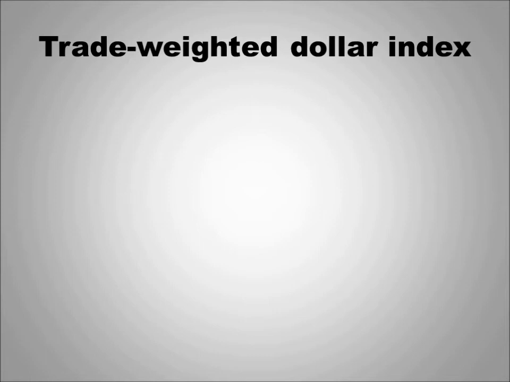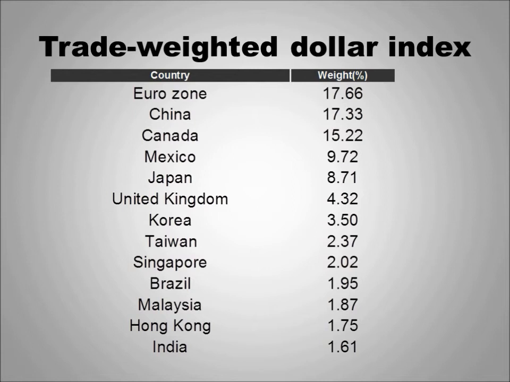Okay, so let's talk about the trade-weighted dollar index. Here we have a list of countries, and each country has been assigned a weight, which determines how much influence they have on the value of the US dollar. Notice that China is high up on this list. Now, the Chinese currency is not included in the basket.